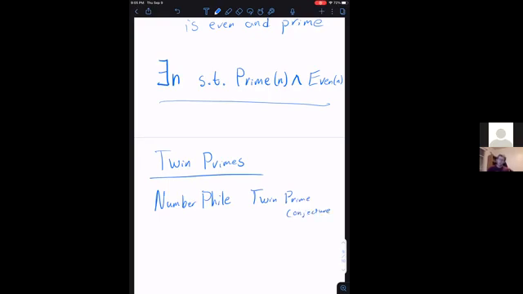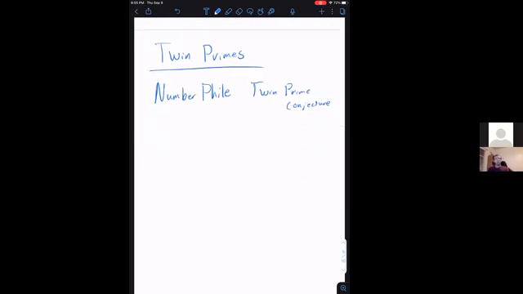What is a twin prime? Well, a twin prime is a prime number that has a prime number exactly one odd number away from it.